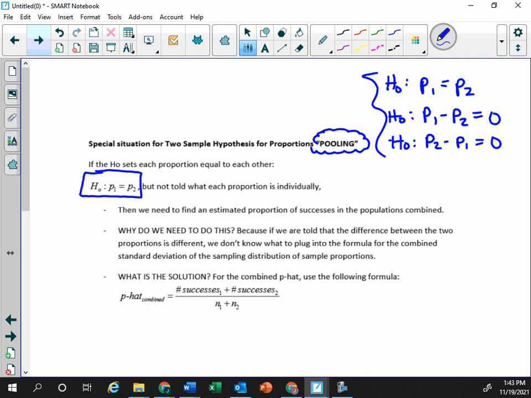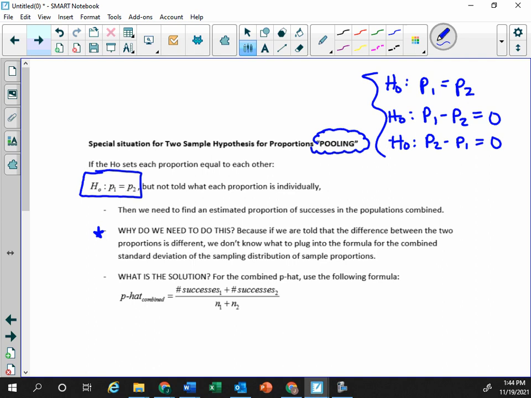Okay, and this happens when you're not told what each proportion is individually. Again, that's why we're pooling them together. So you're trying to find an estimate based on those two things being combined. And again, this is the why we need to do this.